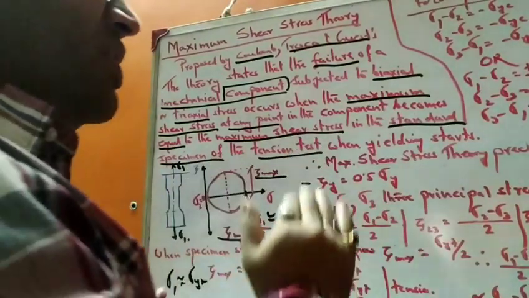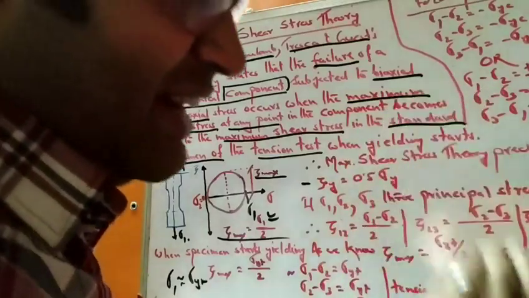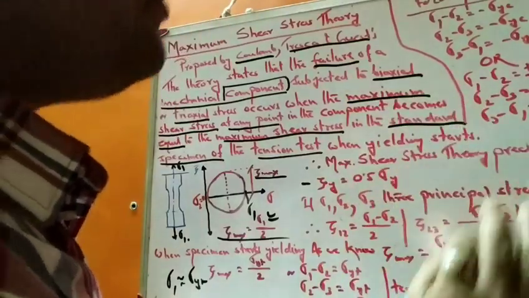Yielding shear stress should be half of the yield stress in tension.